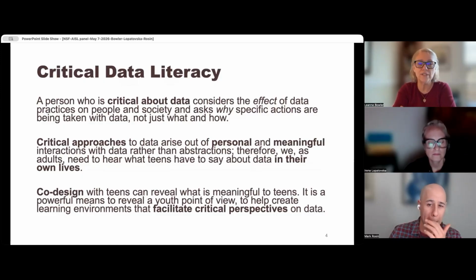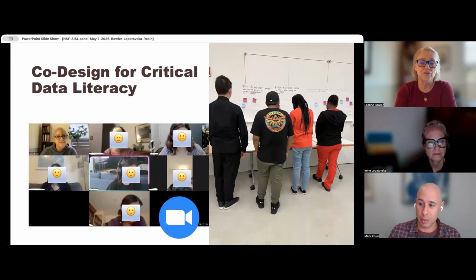When it's personal and meaningful, it's close to home, and when it's in your own life, it makes you ask some interesting questions about data. So co-design with teens can help reveal what is meaningful to teens. It's a powerful means to reveal a youth point of view, to help create learning environments that facilitate critical perspectives on data.